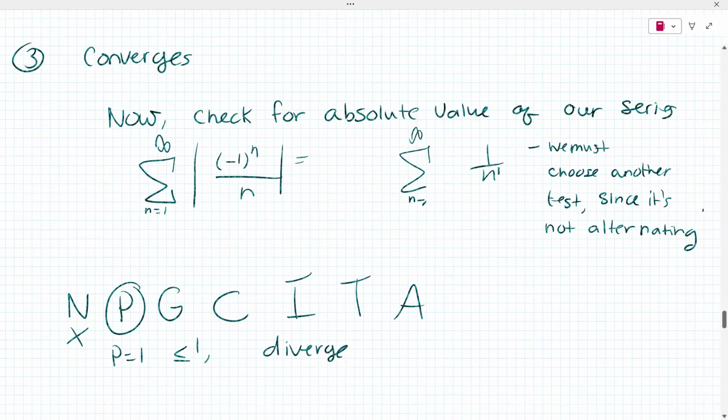So remember, when we took the first test, it converges, and then we took the second test using the P series, it diverges. If you have both, that means it's a conditional convergence.